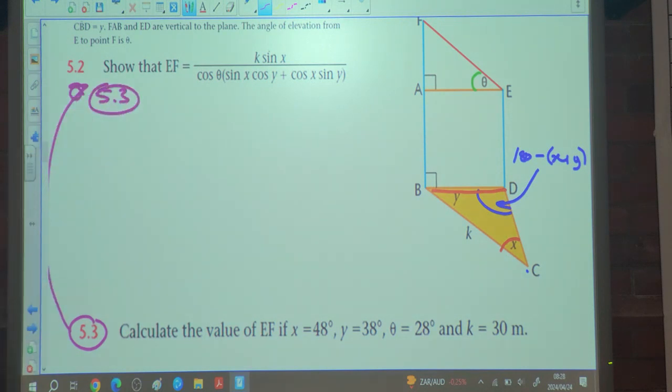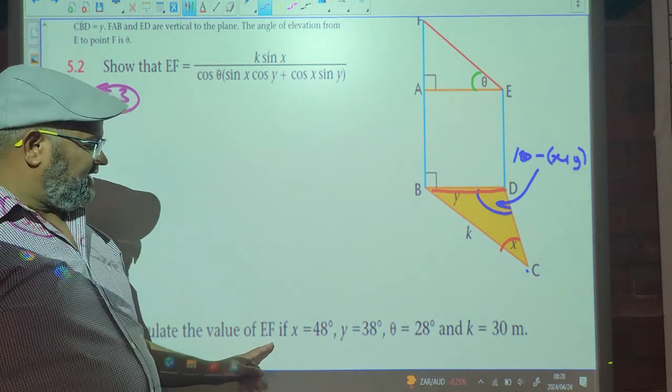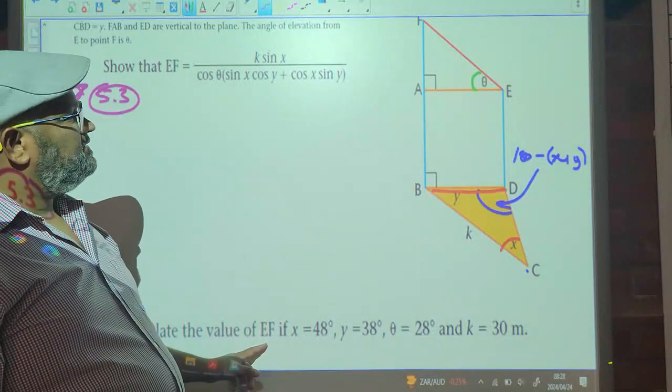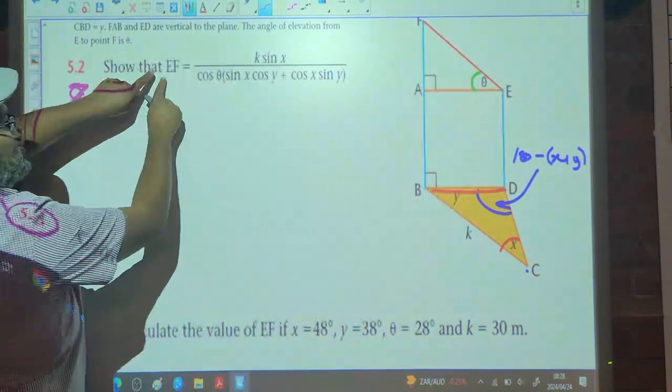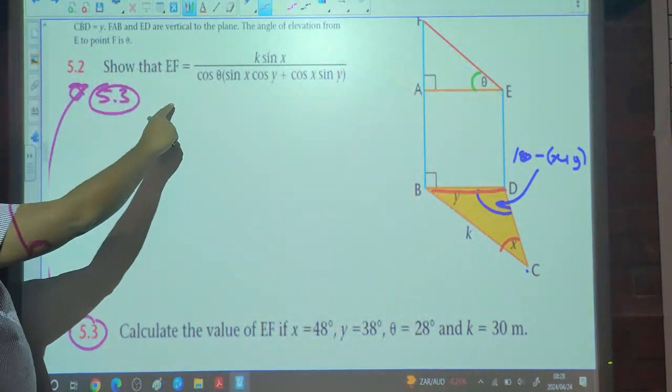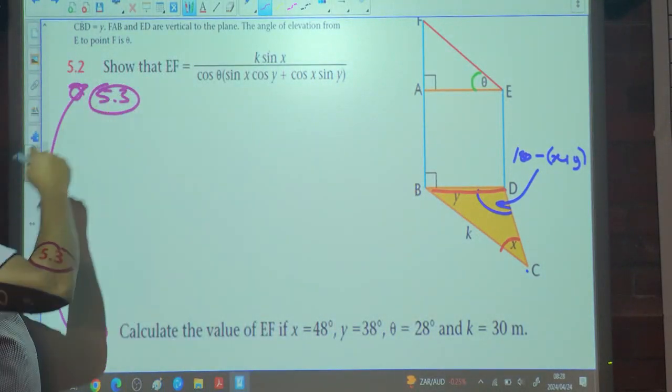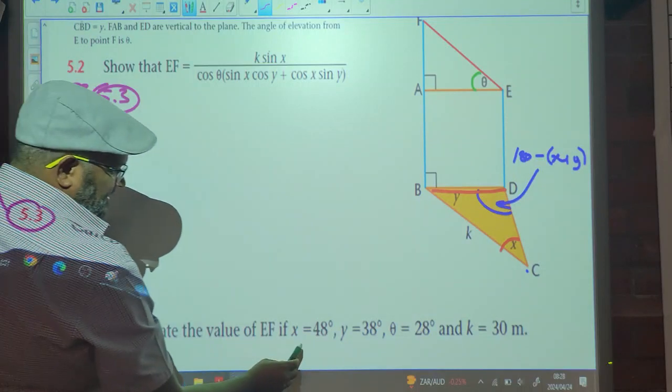Calculate the value of EF. So EF is this length here, not so. But EF is also defined as the story here. You see that? Calculate the length of EF.